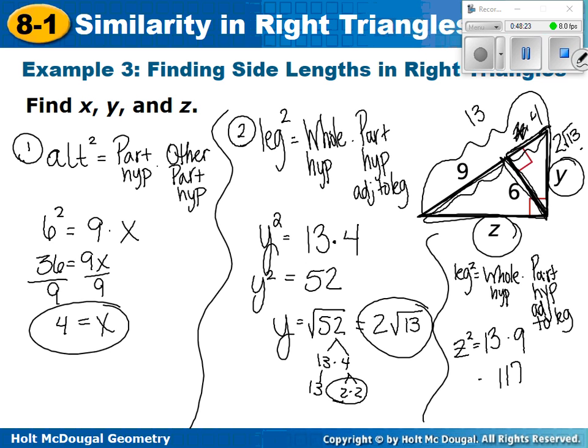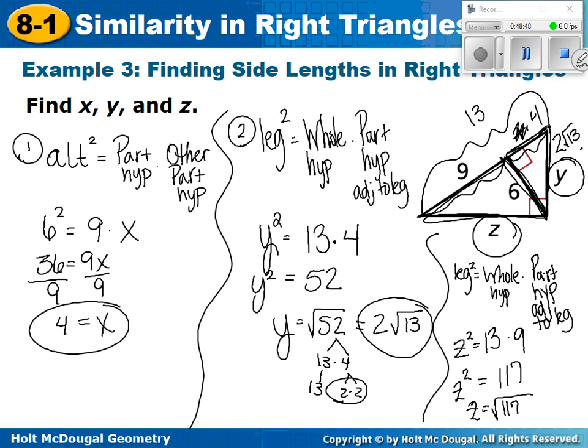117 equals z squared. What do we do to solve for z? First, we have to take the square root. So z is the square root of 117. You can always check and see, is that a perfect square? Type it in. Does it give you a decimal? Yep, so now you have to factor. What goes into 117? 13 and 9.